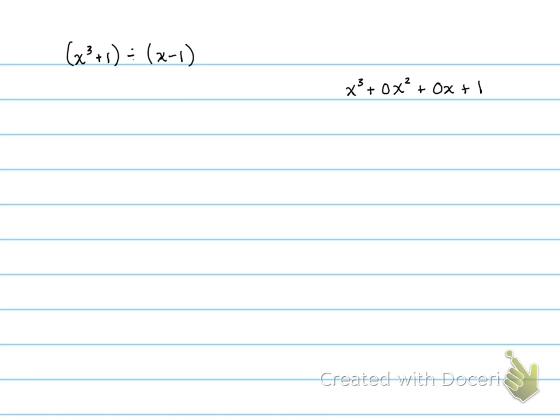It's like having placeholders. So like if I think of this in terms of place values, this is like a 1 in the thousands place and a 1 in the ones place, right? We wouldn't write that like this. We would write it like this, right? If I wanted 1001. And so those are just like placeholders. They're just zeros, saying that I have nothing in the x squared slot and nothing in the x slot.